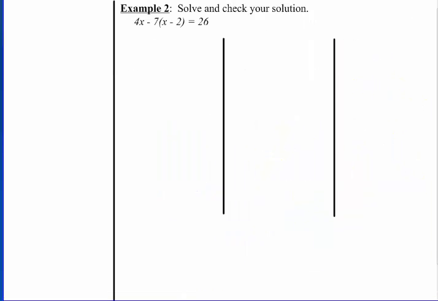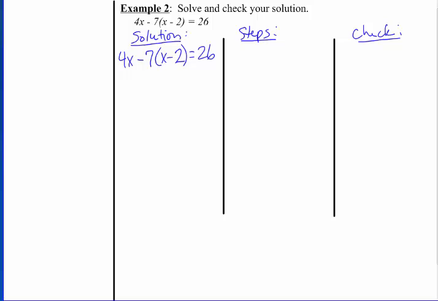Next example. Again, we will have our solution, our steps, and our check. I just copied the problem down to start with. In this case, we do have some parentheses, and if you recall on our guidelines, we want to get rid of the parentheses first. Step 1, we will distribute -7 into parentheses.